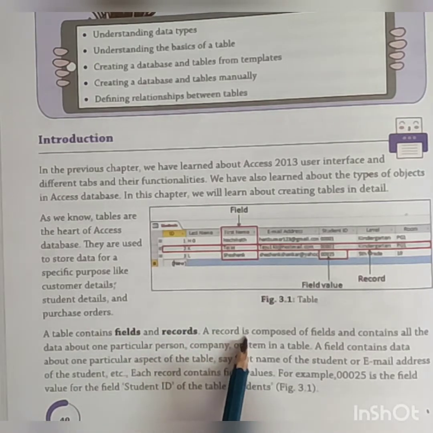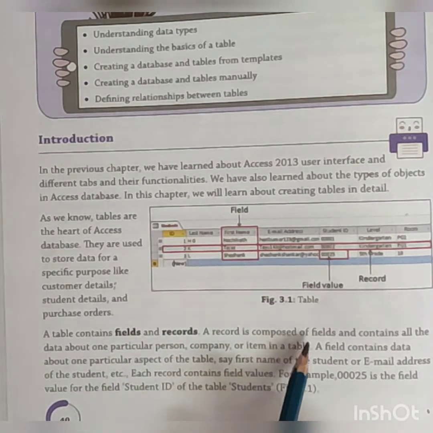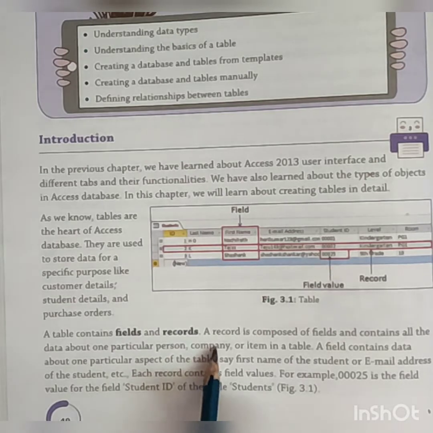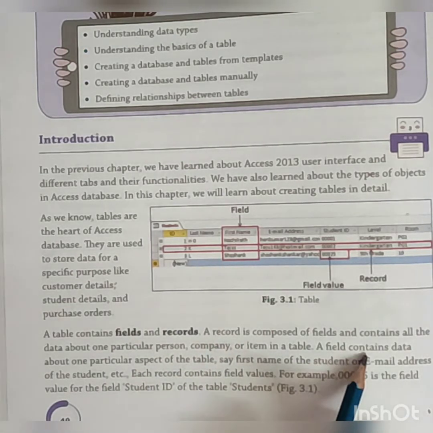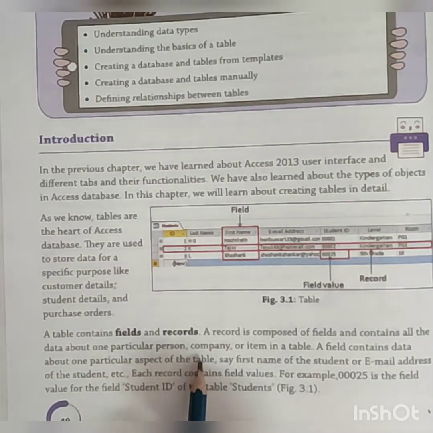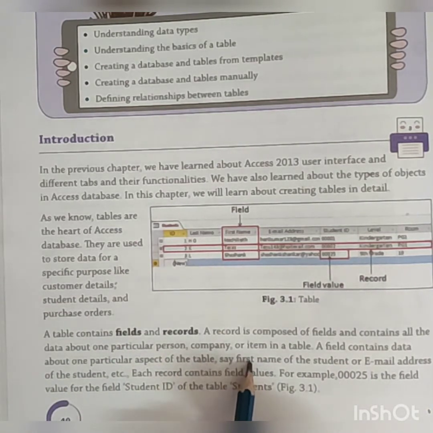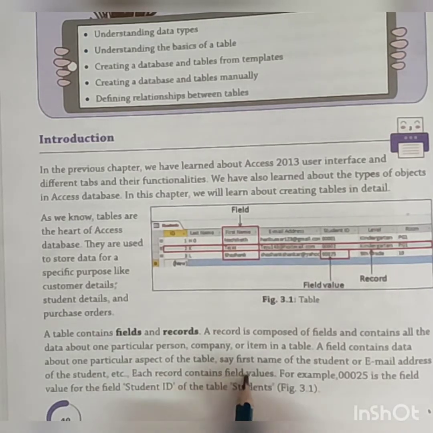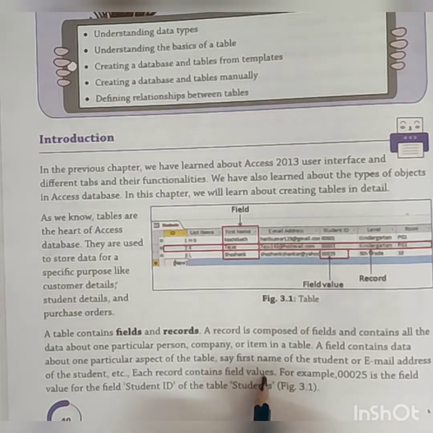A record is composed of fields and contains all the data about one particular person, company or item. A field contains data about one particular aspect of the table, say the first name or email address of the student. So each record contains field values.